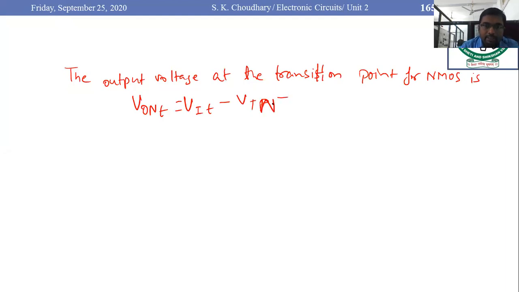Sorry, VTN, it is NMOS. So 2.5 minus 0.8, it would be 1.7 volt. So in this way, we have found all three critical voltages, means the voltage at the transition point, input voltage, output voltage for NMOS, output voltage for the PMOS.